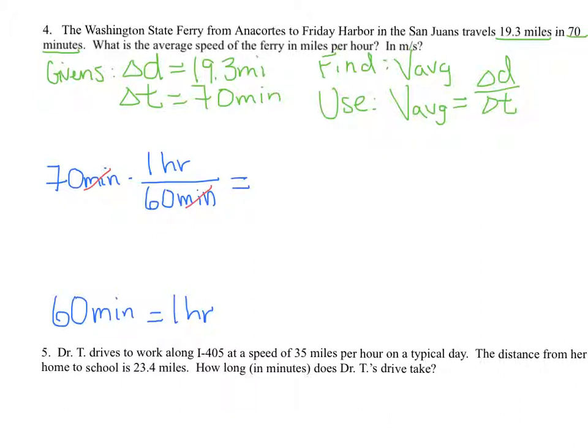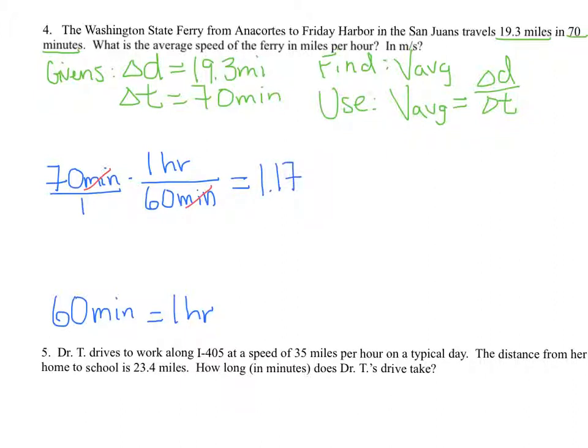So I'm going to punch in my calculator. I can imagine the 70 over 1. I'm going to punch in 70 for the numerator divided by 60 in the denominator. So 70 divided by 60, I end up with 1.17.